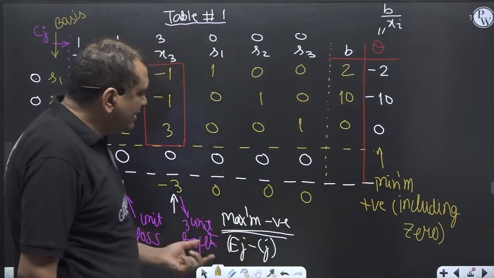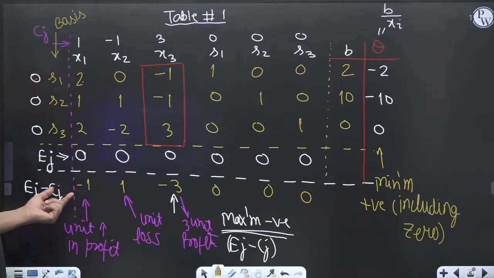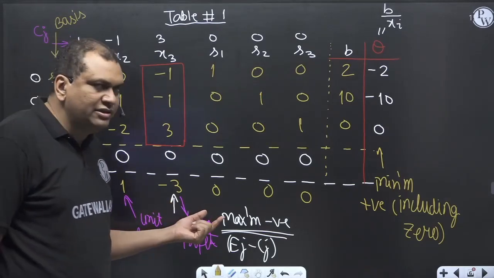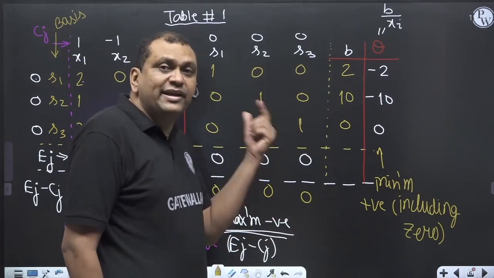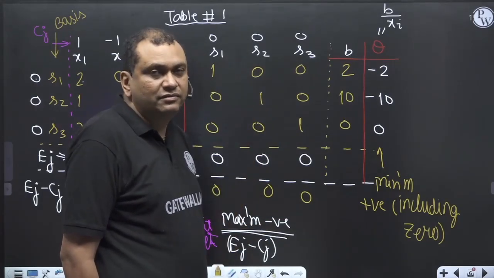Now some of you may ask, sir, what does this indicate? The Ej minus Zj tells you the unit increase in profit or unit loss by taking a decision on that variable.